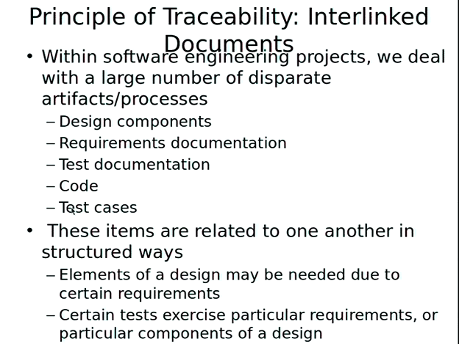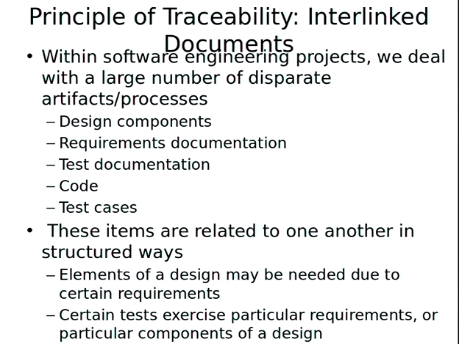cases. So the problem is, when we have these systems, there's a lot of dependencies that go unrecognized explicitly unless we take care to link things up. So items are related to each other in structured ways that, unless you take care to note these things, may go unnoticed. For example, certain design components depend on certain requirements. There's a reason we designed the interaction of these classes this way, because we needed to capture these requirements.